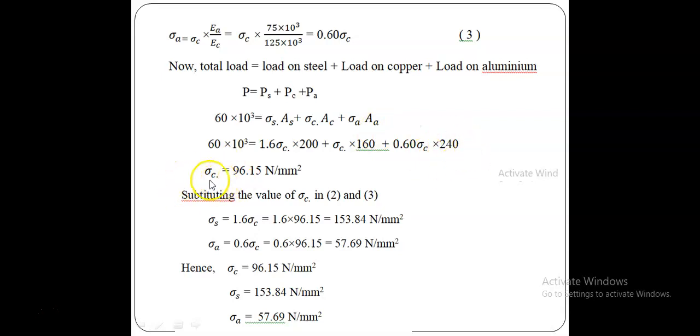So now we have the value of sigma c. Let us substitute sigma c in the above equations so that we can get sigma s and sigma a. Then we multiply with the area of each material, and therefore we can find the force carried by each material. That's all.